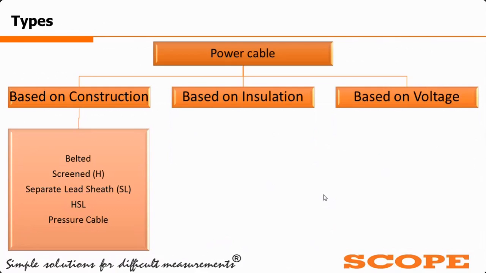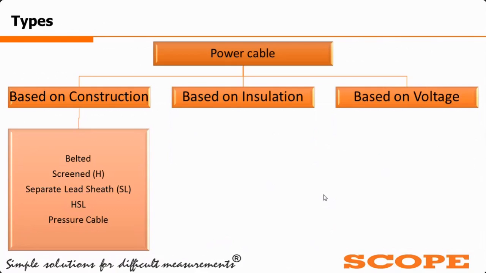The next type is the screened cable. In screened cables, the core, meaning the conductor, is insulated with impregnated paper, and then aluminum foil is wrapped around the conductor, and a copper fabric tape is wound around that aluminum foil.